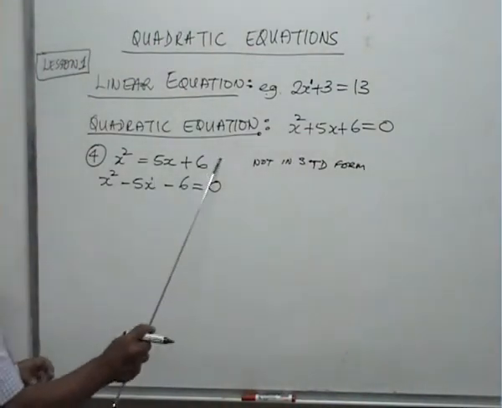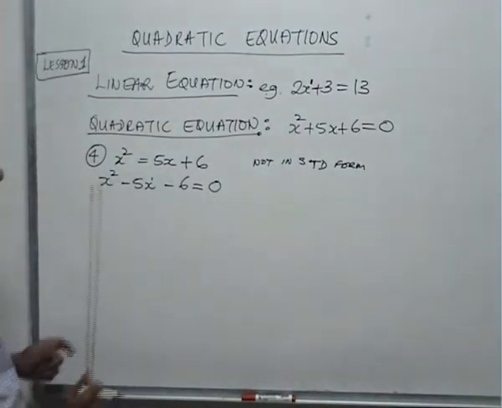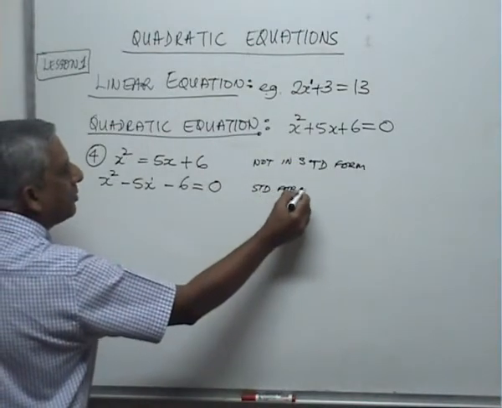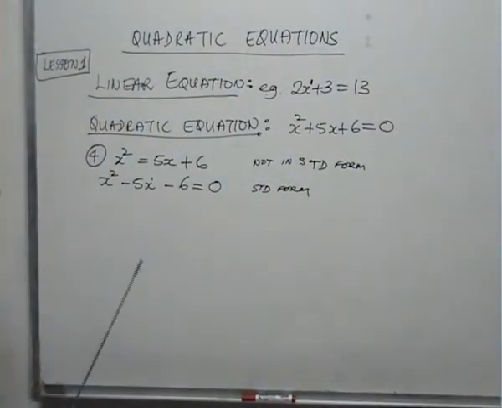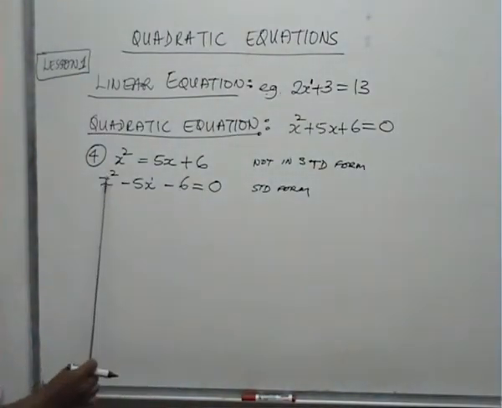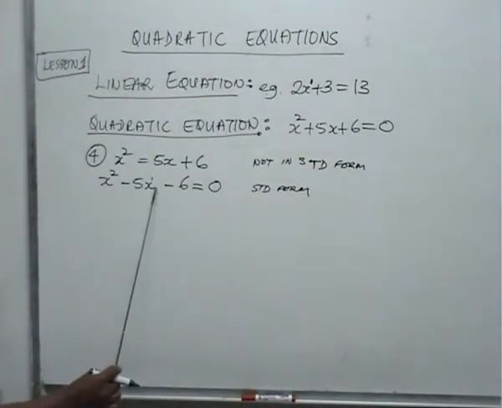So, check if it's in standard form. If it's not in standard form, bring it to standard form. It's now in standard form. Right, so once again I'll make it clear. Standard form means everything is on the left hand side equal to 0, and it is set x squared, x, number. Then factorize.